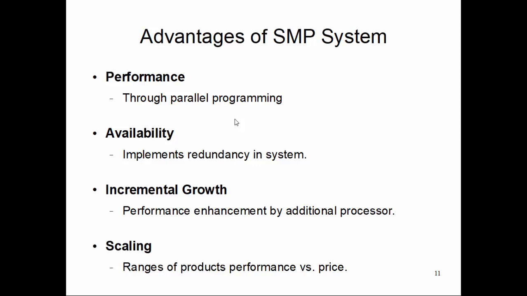Now with that availability, let's say 10 slots, 15 slots or 20 slots for processors to go in, you really have scaling, right? Scaling means you have a range of products. In the low price market you can offer a 2 processor system with low processing, and at the high end, on the same board, you just add 16 processors and sell it as a high end system.